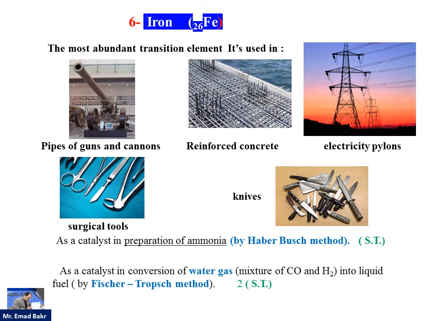Next, as a catalyst in conversion of water gas, a mixture of carbon monoxide and hydrogen, into liquid fuel. Carbon monoxide and hydrogen is called water gas and is converted into liquid fuel by a method called the Fischer-Tropsch method.